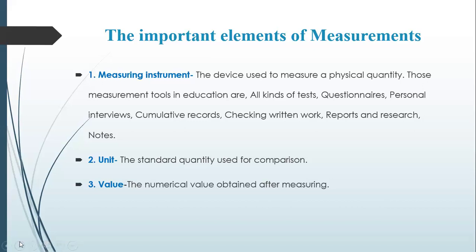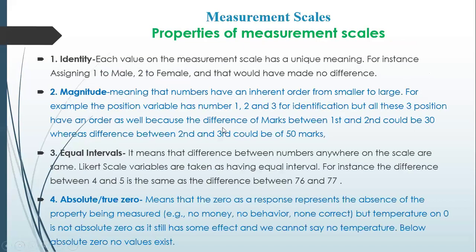Let's move into the next one. It is important to discuss the properties of measurement scales. Mainly there are 4 properties: identity, magnitude, equal intervals, and absolute zero or true zero.